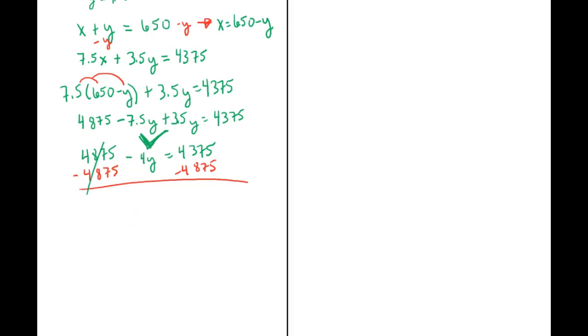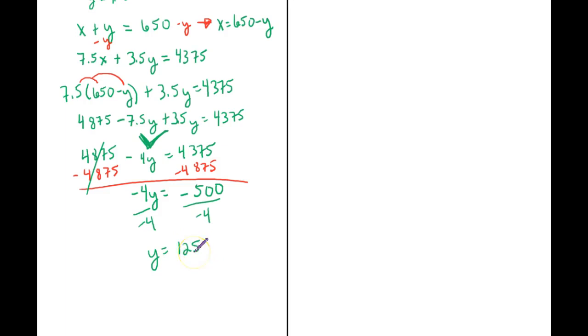I'm left with a negative 4y, so be careful not to lose your negative there. And 4,375 minus 4,875 is a negative 500. Last, I'm going to divide both sides by negative 4, and y will equal a positive 125.